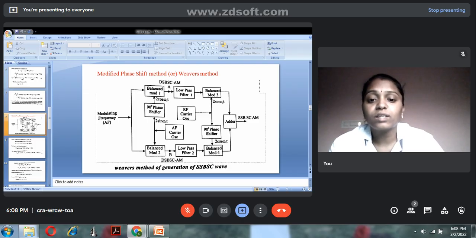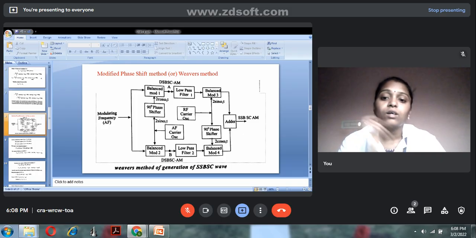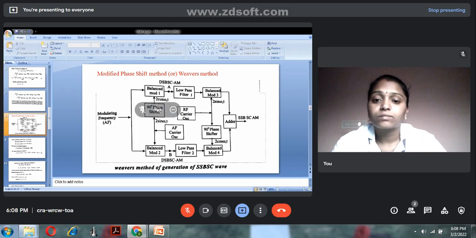So the AF carrier, that is the audio frequency carrier, will be generated from the carrier oscillator, that will be shifted by 90 degrees, and it will be given to BM1, and directly the carrier signal is given into BM2. So the BM1 input is the message signal and the 90 degree shifted carrier signal, and the BM2 input is the message signal and the direct carrier signal.